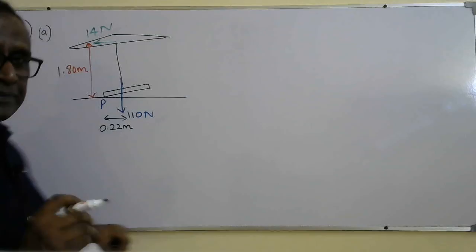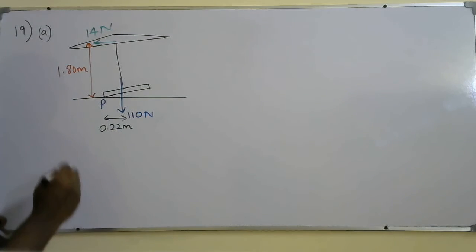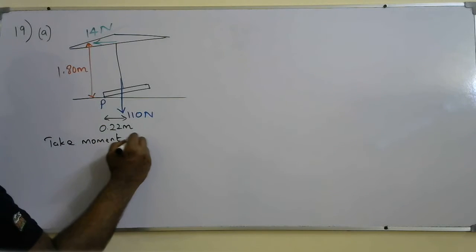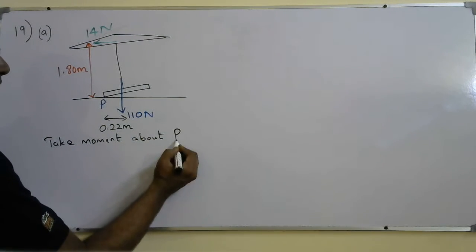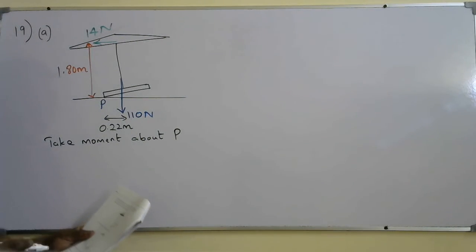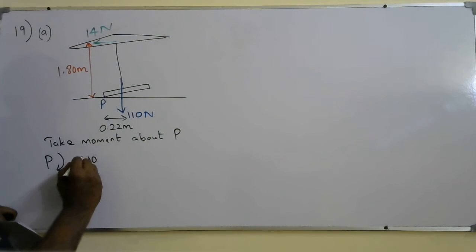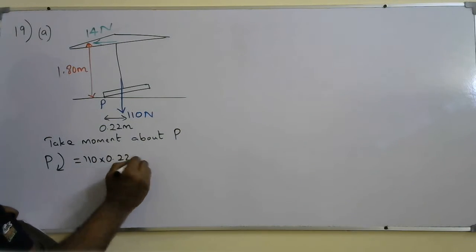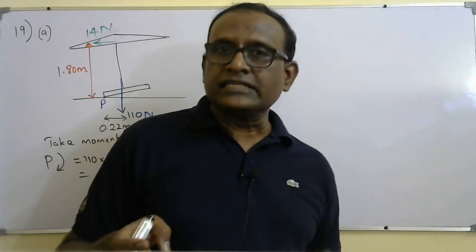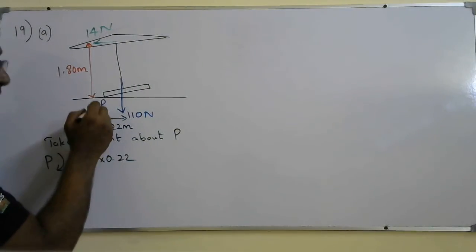Consider moment about P, because P is the point at which the base is still in contact with the floor. So take moment about P. The total clockwise moment is equal to 110 into 0.22. That's the only force providing the clockwise moment, because the normal reaction at point P won't be included in the equation, as it passes through point P with no perpendicular distance.